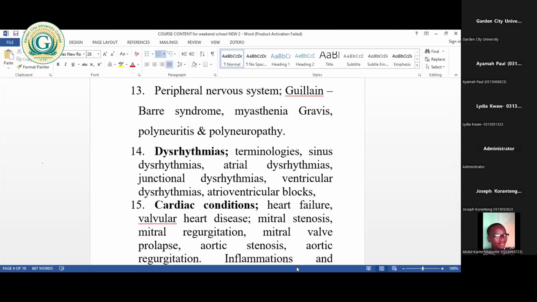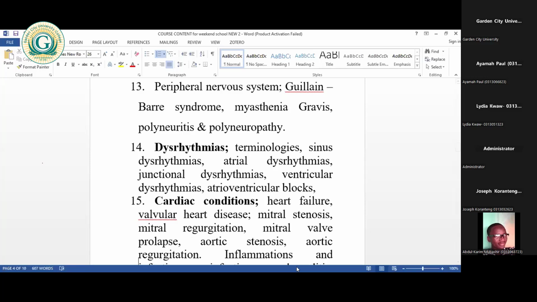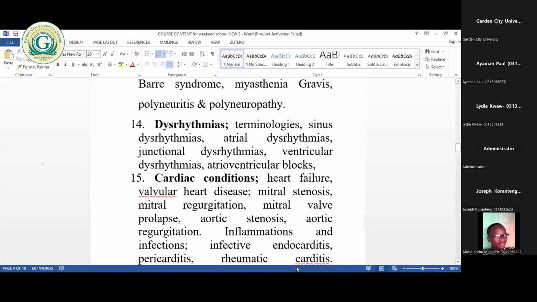mitral stenosis, mitral regurgitation, mitral valve prolapse, aortic stenosis, aortic regurgitation, inflammations of the heart, and infections.